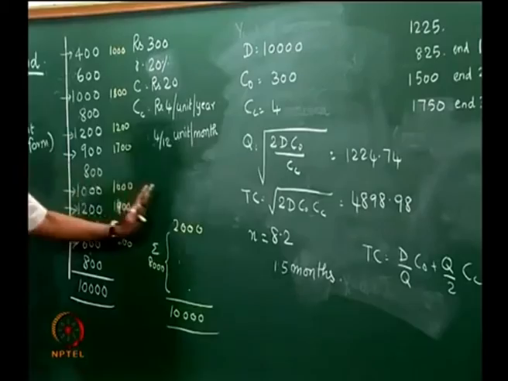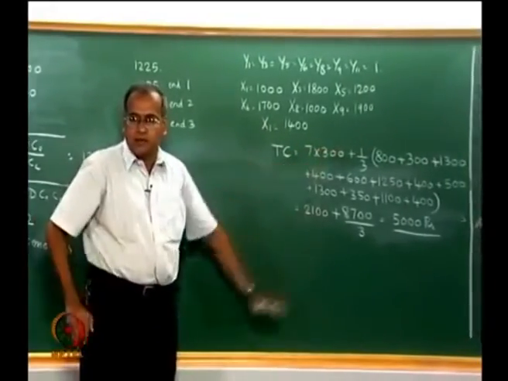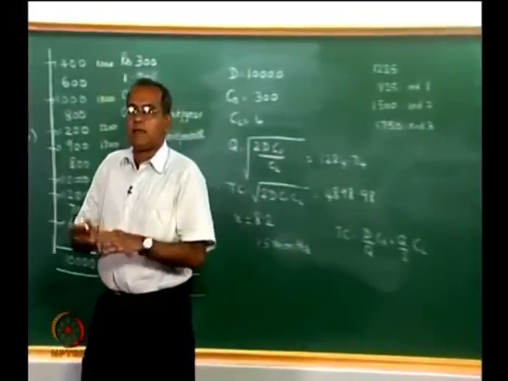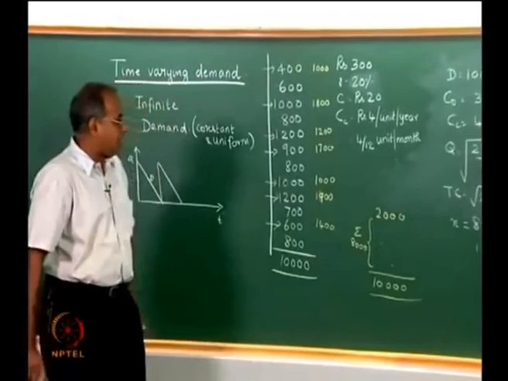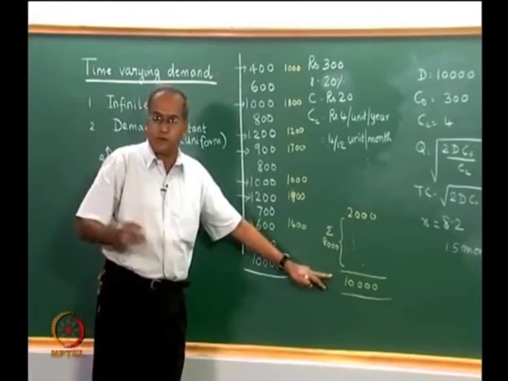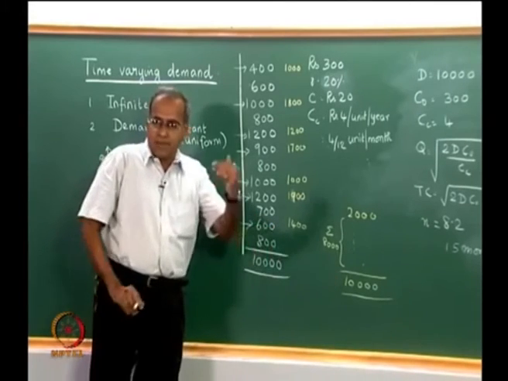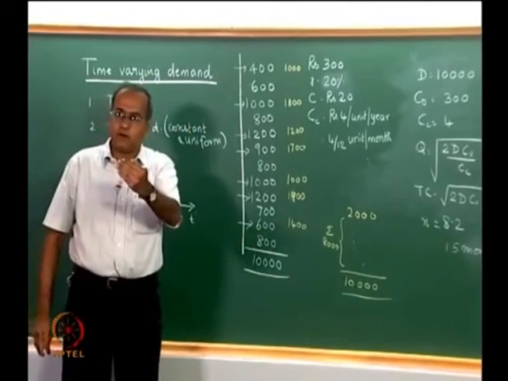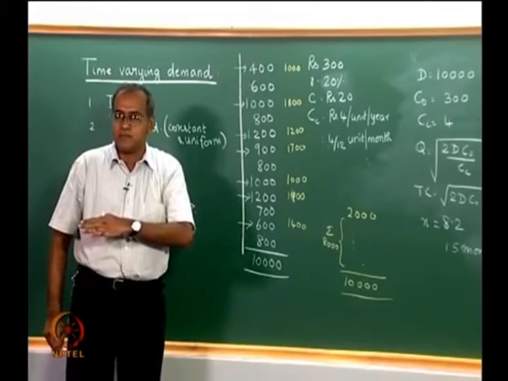Now instead of using the Wagner-Whitin algorithm, if we had gone by the economic order quantity, it tells you to order 1224.74, the same thing based on the same 10,000. So we initially begin with 1224.74, and our next order is going to happen after 1.5 months.